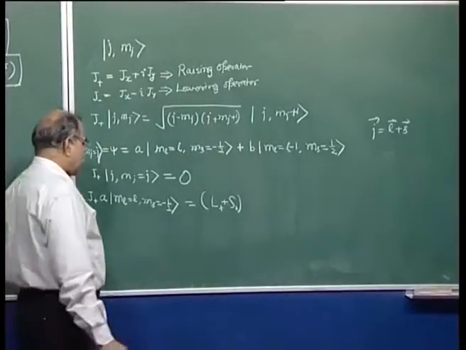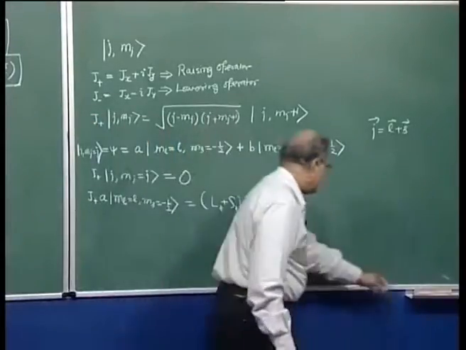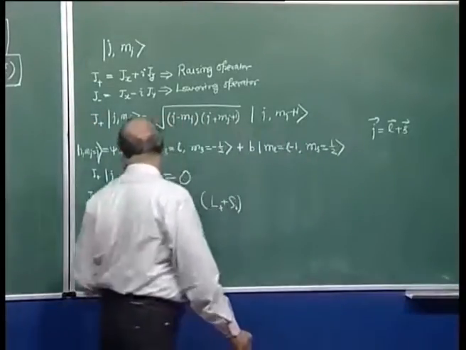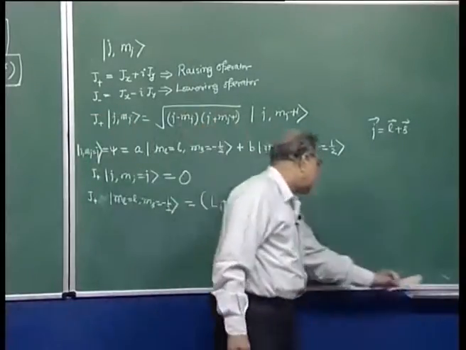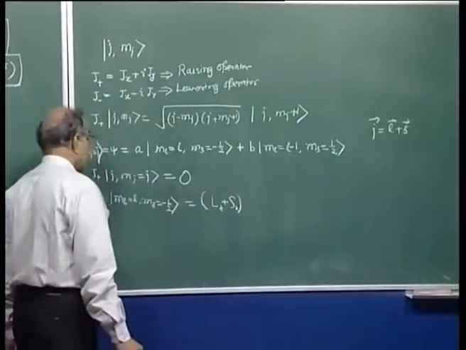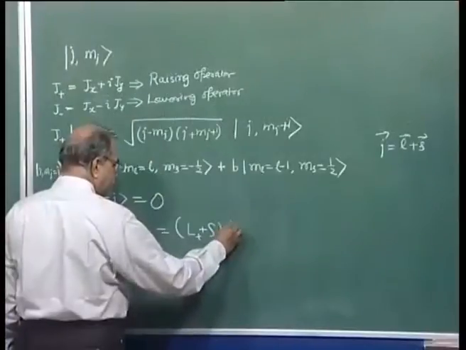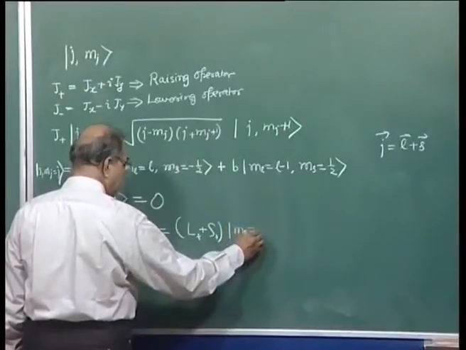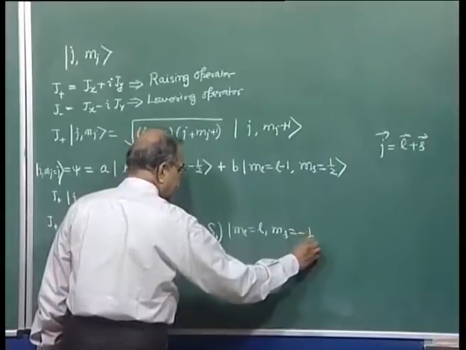This should be applied on A times, A we will put later, apply on this. So L plus plus S plus applied on ml equal to L and ms equal to minus half.